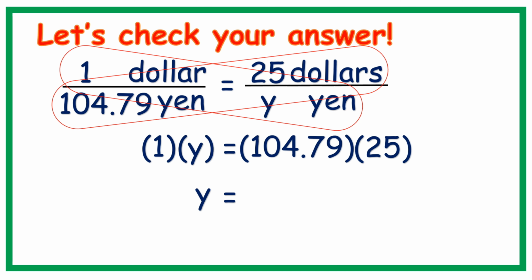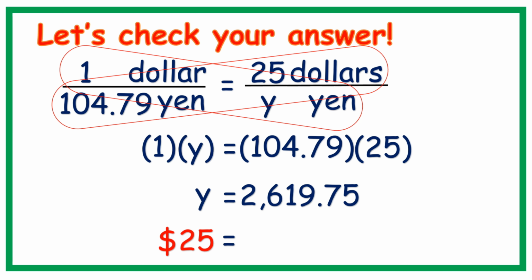And 104.79 times 25, the answer is 2,619.75. That's it. That's our answer. For your $25, you have 2,619.75 yen. That's it. Just like that.